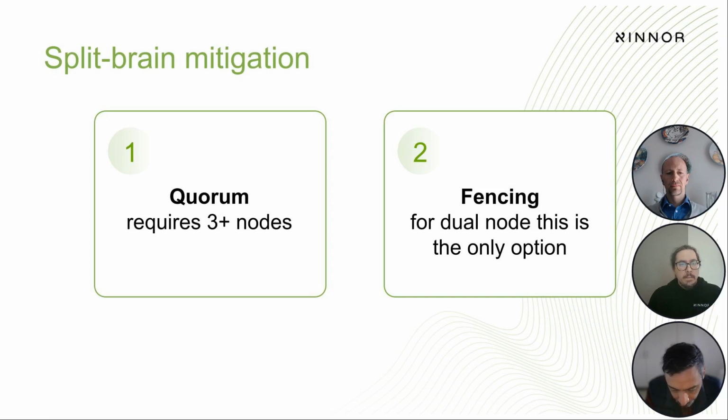Two common approaches to mitigate this challenge are quorum and fencing. Quorum is a reliable and simple way of making decisions based on the majority, but requires multiple nodes to utilize.